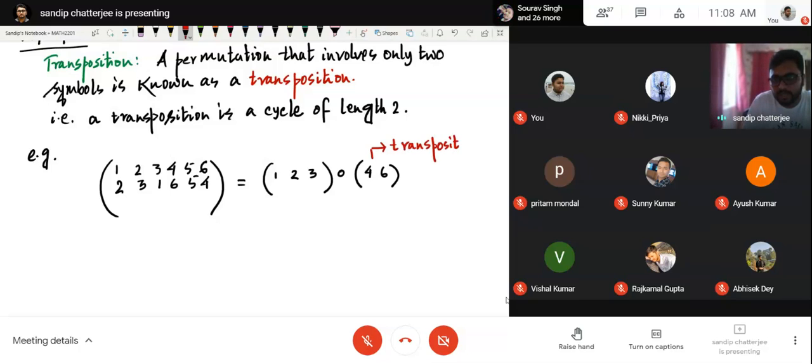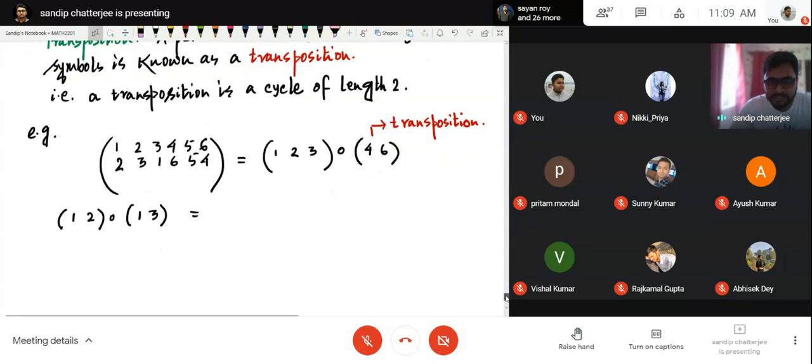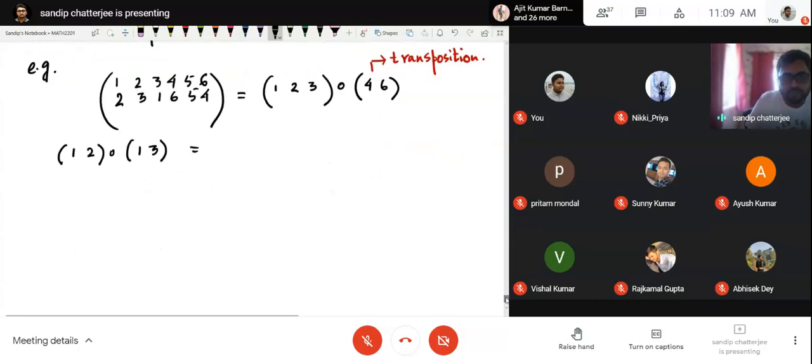Now, if we do another thing, say, if I consider a product of these two transpositions, 1, 2 and 1, 3. The original permutation is defined on 6 symbols, 1, 2, 3, 4, 5, 6.